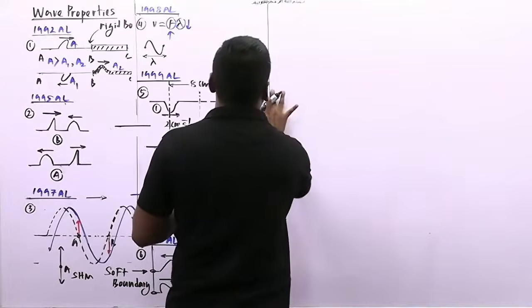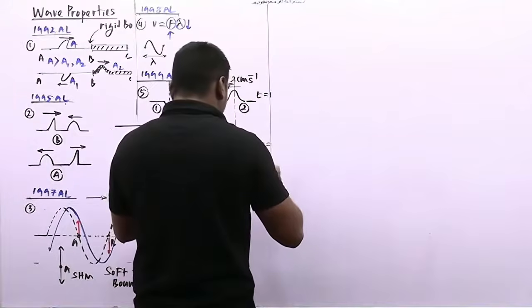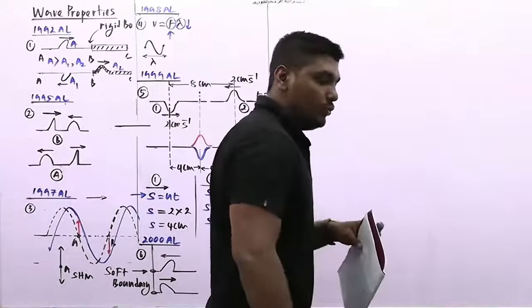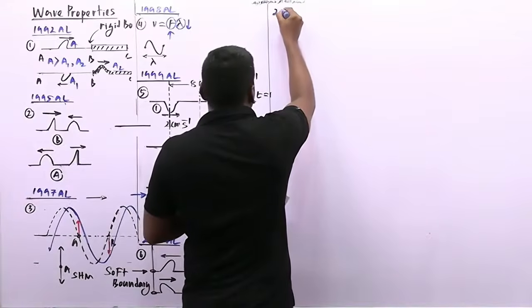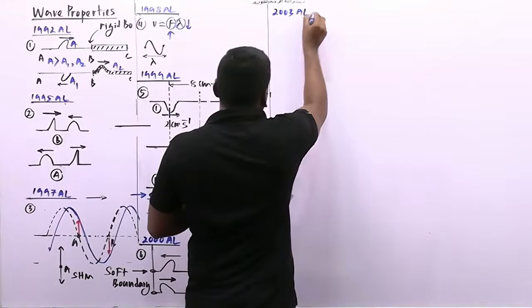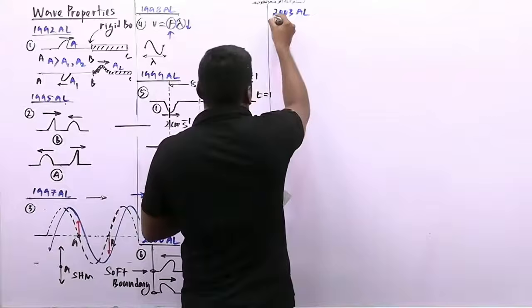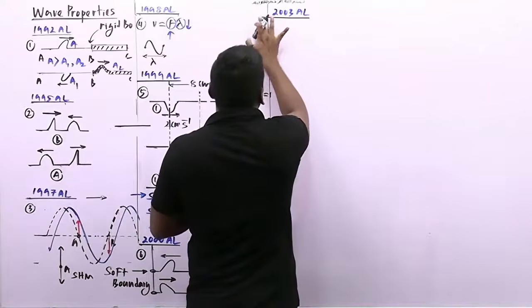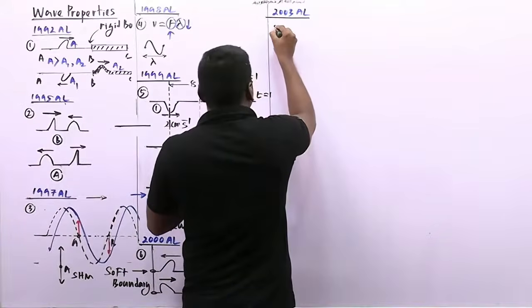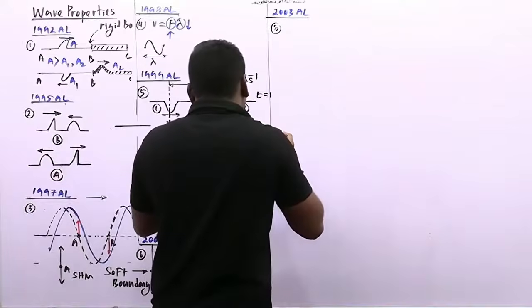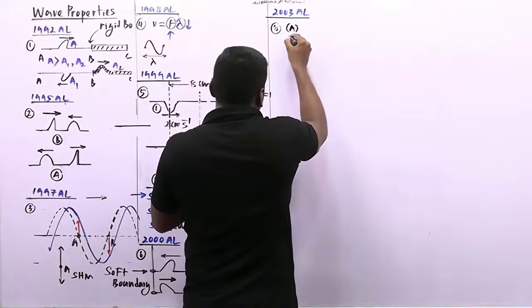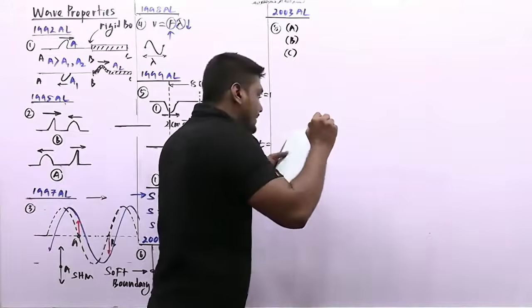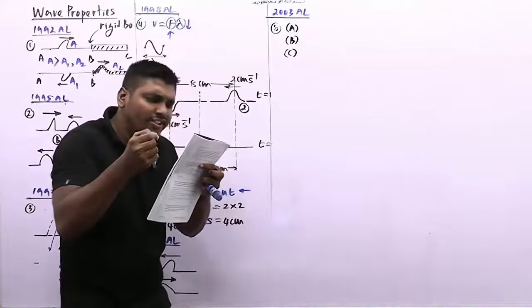There are 3 statements, A, B, C. Statement A says that only transverse waves can undergo refraction. That's wrong.